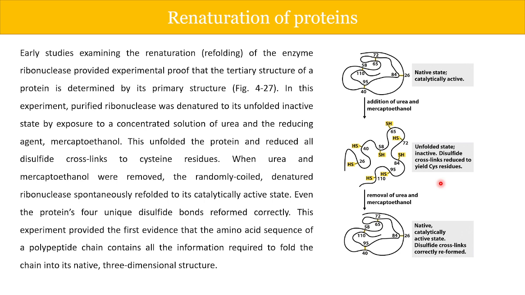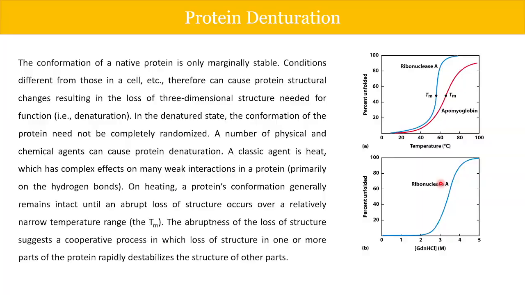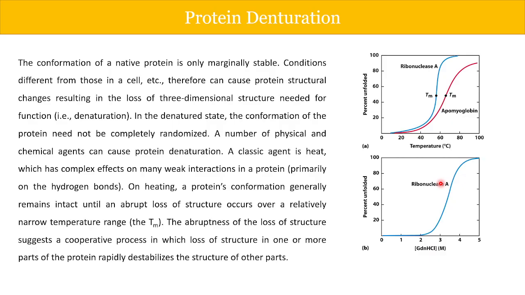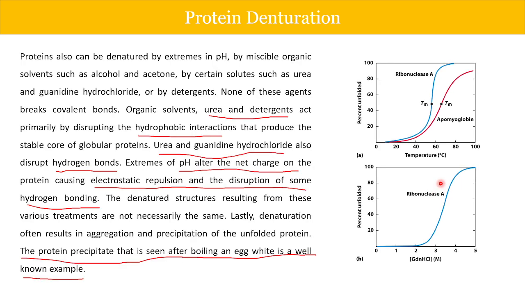On the removal of urea and mercaptoethanol, you get the active state: when you remove the reducing agent, these sulfur atoms get oxidized and form the disulfide bond. Now, what did Anfinsen do?